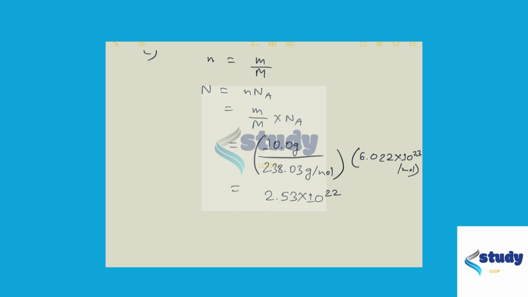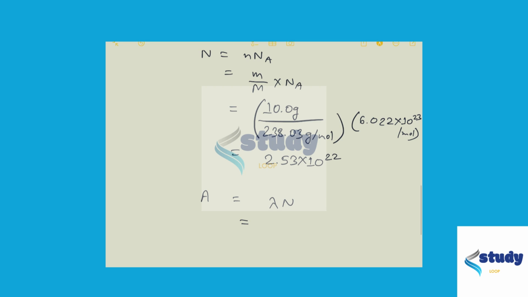So the alpha particles emitted per second is the activity, and this is equal to lambda times n. Decay constant lambda is 4.92 times 10 to the power minus 18 decays per second, and the number of particles is 2.53 times 10 to the power 22.